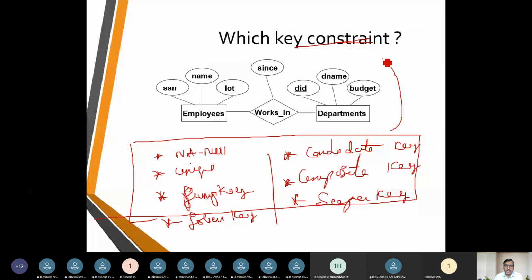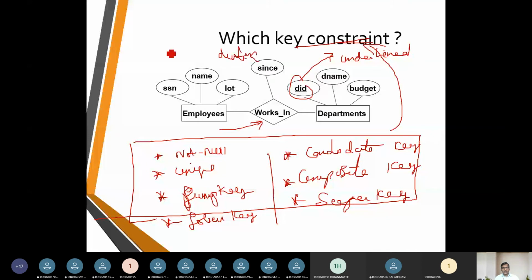So key constraints are going to be represented with an underline. The primary key is going to be underlined, and this is towards a department. So an employee is going to work in a department, and he is going to specify a duration.